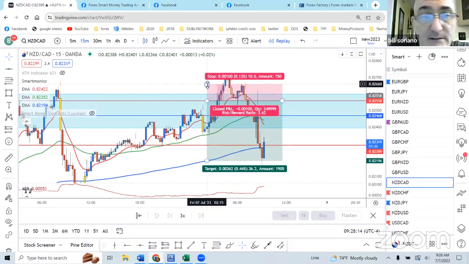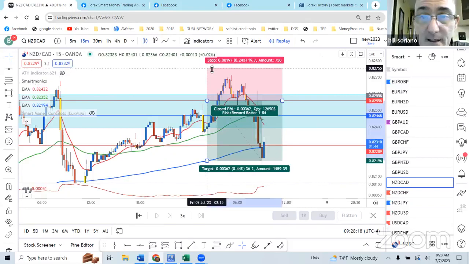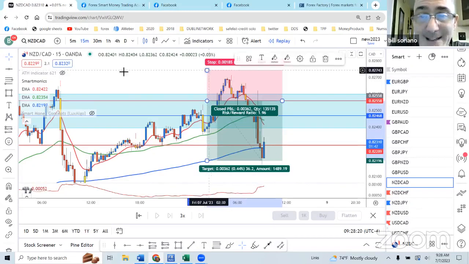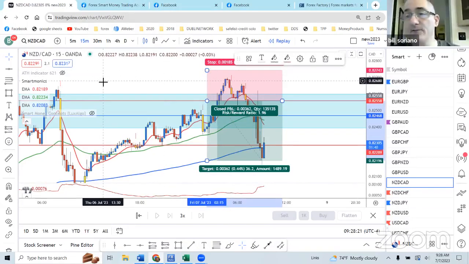They would have been losses. But because I pad it with 1 times the 14-period ATR, we don't get stopped out of these trades. Now, the downside is we have to go further to get out, because we're adding pips onto our stop loss. But the upside is we stay in the trade.